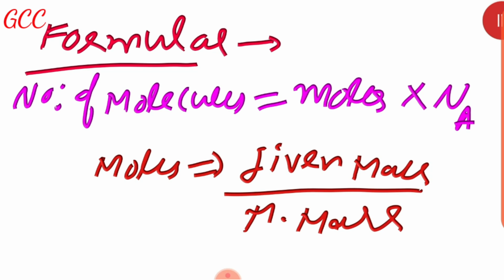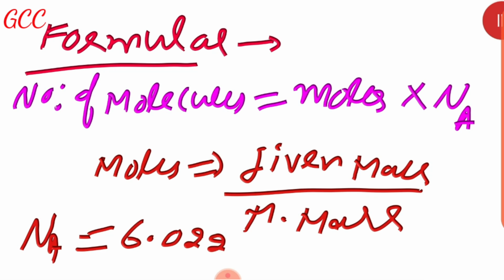Clear? And Avogadro's number is always equal to 6.022 × 10 raised to power 23. Is it clear? Just remember.